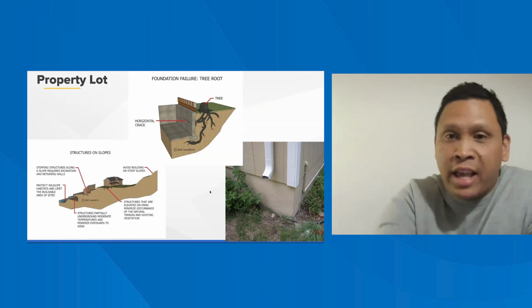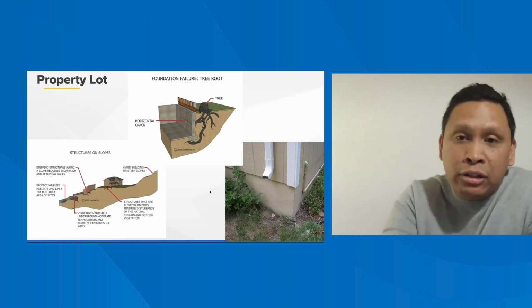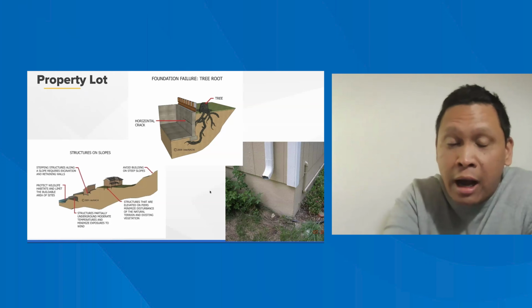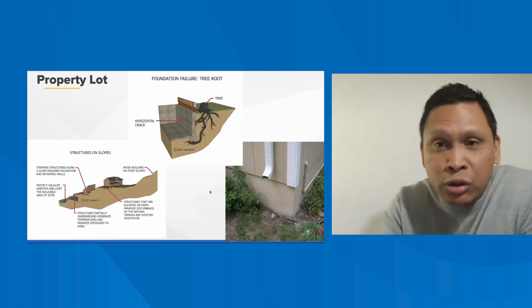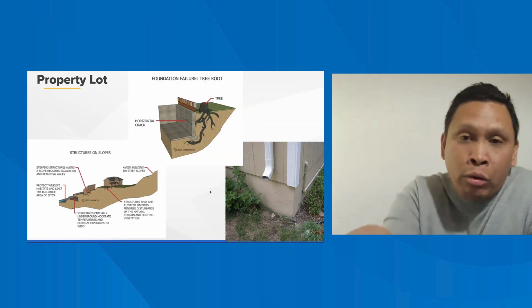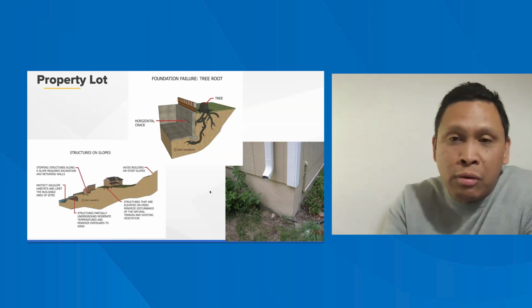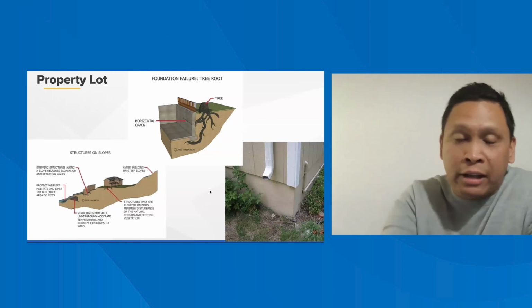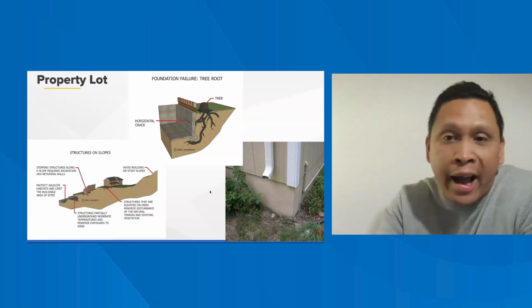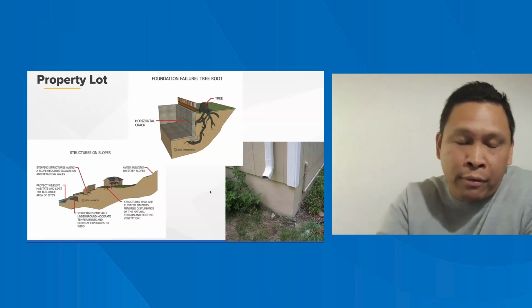Over time, the tree can become so mature that the roots are actually helping to support the footer in the foundation walls itself. Sometimes you'll also find that the tree roots are exerting horizontal pressure onto the foundation wall, and then you could actually find a horizontal crack coming from that tree.